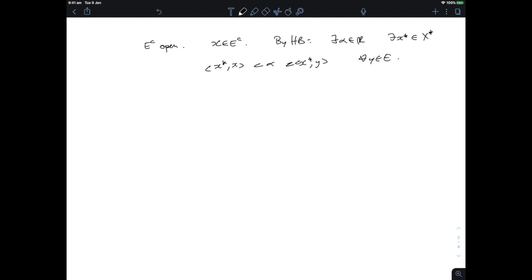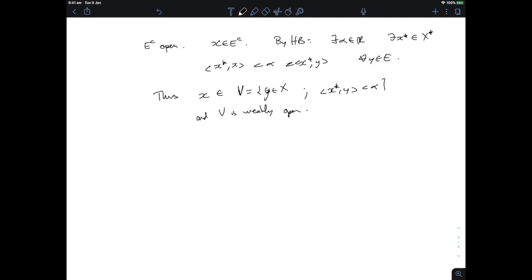Okay, but then that means that my x here in E complement belongs to V, which is the set of all those y in X such that x star y is smaller than alpha, obviously, and that V is weakly open. We've seen that before. Now you fit a weak neighborhood around any point of such a set.